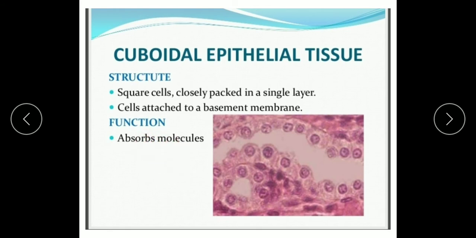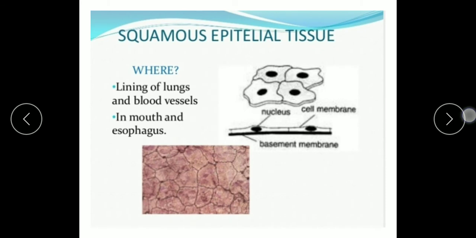The first one we studied is the squamous epithelium, which is irregular in shape. Its major functions are diffusion of gases, friction-free blood circulation, and protection of the underlying tissue.